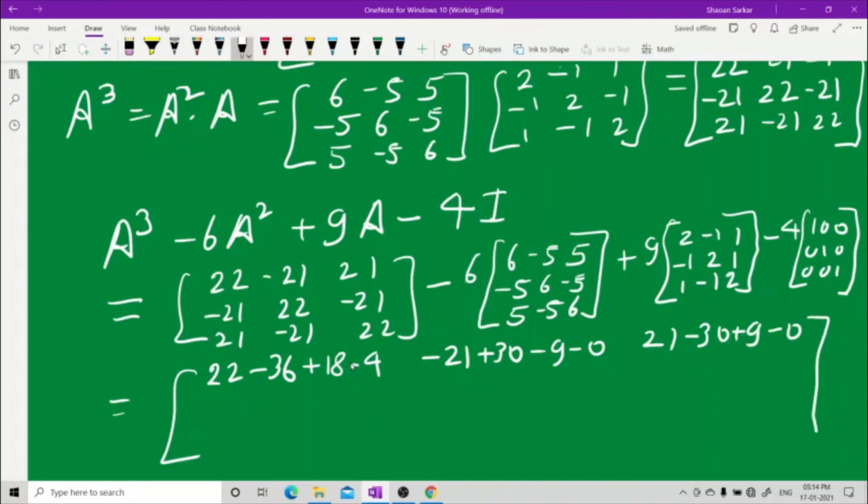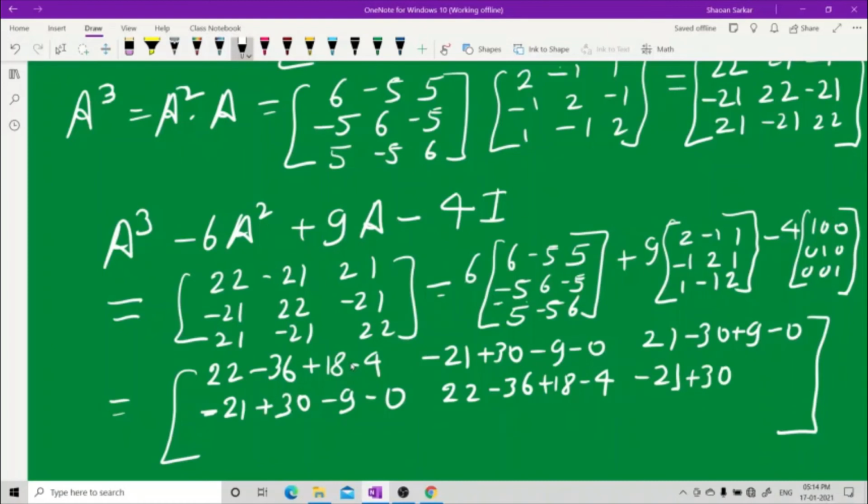And then you have minus 21 plus 6 plus 30, because minus 6 and minus 5 is plus 30, and then you have your minus 9 and minus 0. Then you have your 22 minus 36 plus 18 minus 4, then you have your minus 21 plus 30, and then you have minus 9 and minus 0.